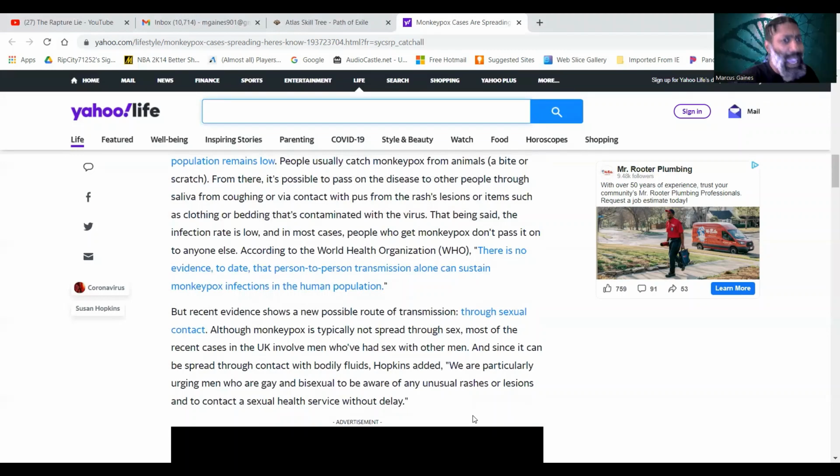I want to go back up and read what the World Health Organization said. And I'm going to actually put my cursor so y'all can read with me. According to the World Health Organization, there is no evidence to date that person-to-person transmission alone can sustain monkeypox infections in the human population.